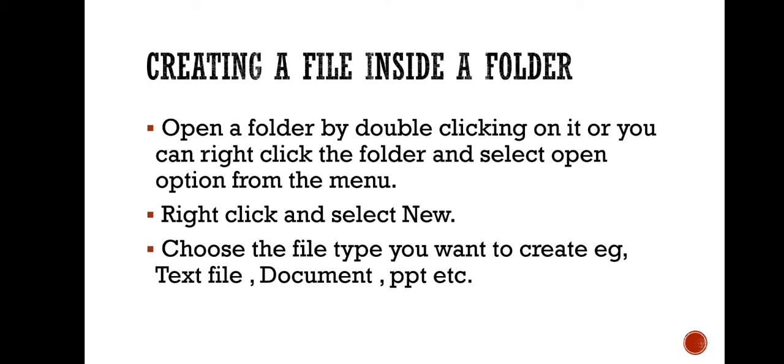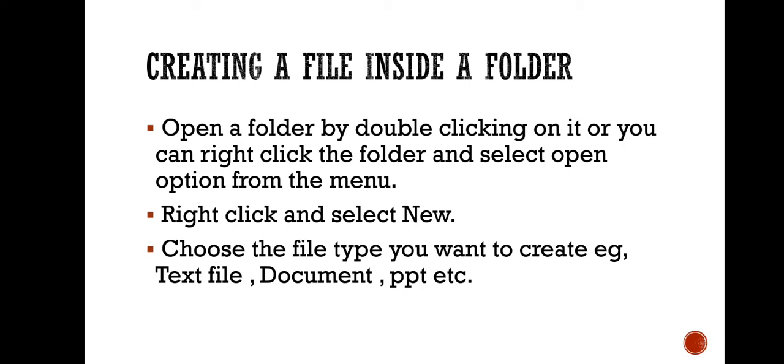Next is how you can create a file inside a folder. Once you have opened your folder by double clicking on it, again you right click on it and select new. Again it will give you a submenu, from where you get the list of programs or applications in which you want to create your file. If you want to create a text file, you can use a text editor, that is Notepad or a word processor.